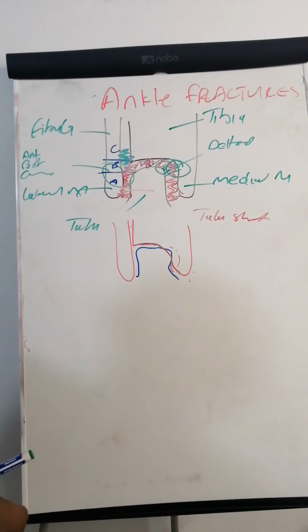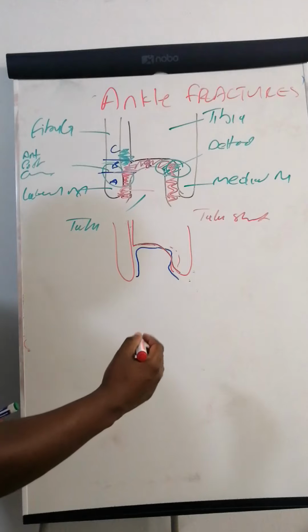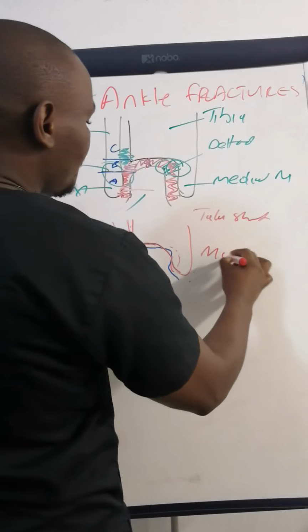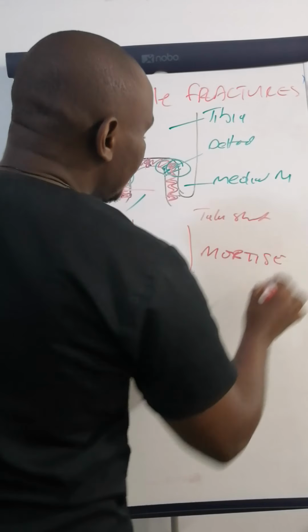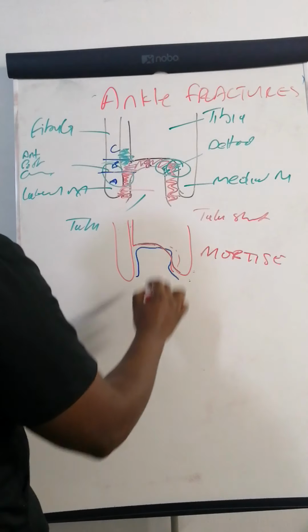So what you can do, you can send this patient to the X-ray department again to have them do the mortise view. The mortise view is going to come back like this.